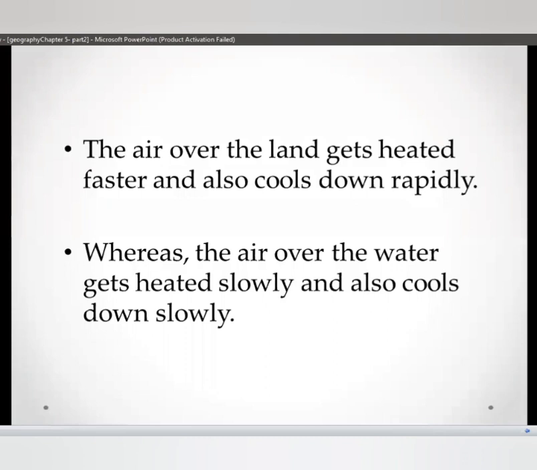See, लैंड के ऊपर जो एयर है दैट एयर heats fast and also it cools down fast, whereas वाटर के ऊपर जो एयर है वो धीरे से हीट होता है एंड धीरे से कूल होता है.